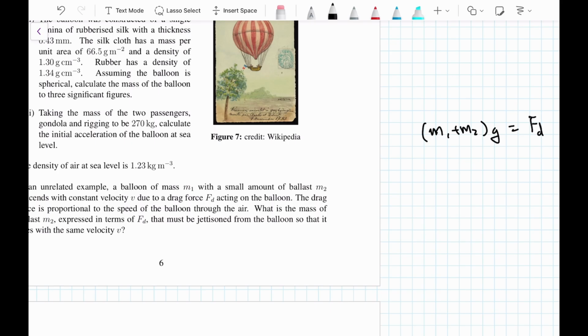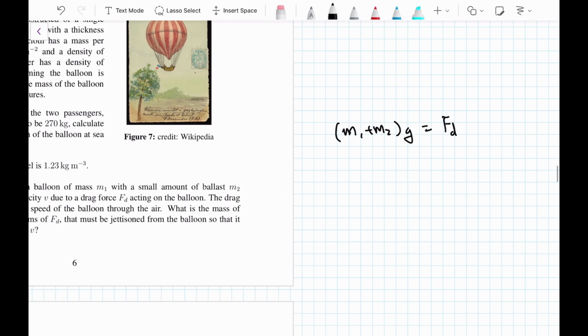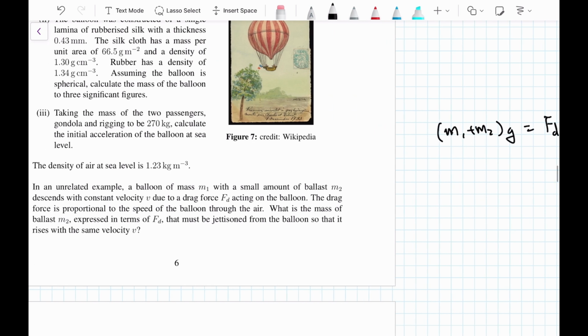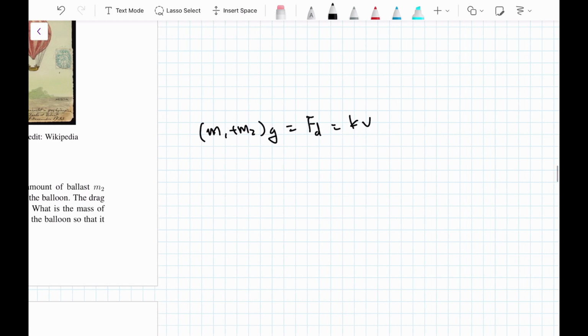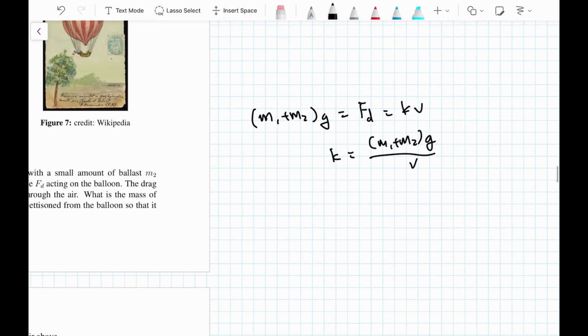The drag force is proportional to the speed of the balloon through the air, so Fd is equal to some constant times the velocity. So we can say that k is equal to (m1 plus m2)g over v. And then I think we might use this later.